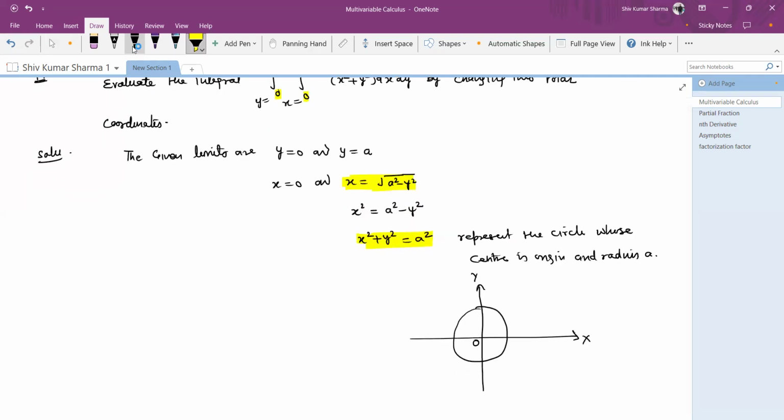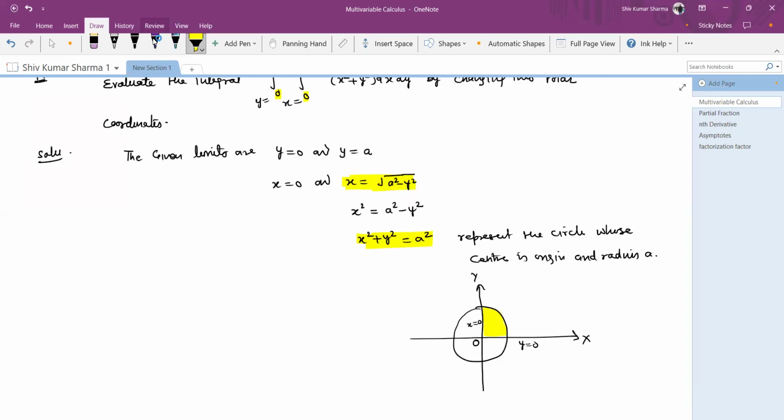When along the x-axis y is equal to 0, or along the y-axis x is equal to 0. So this is our first quadrant, and only for this quadrant we are going to evaluate the integral.